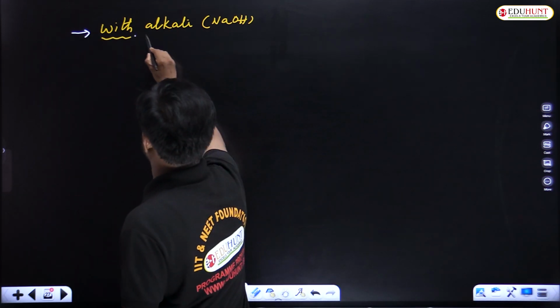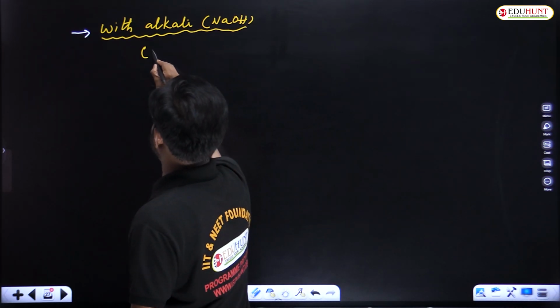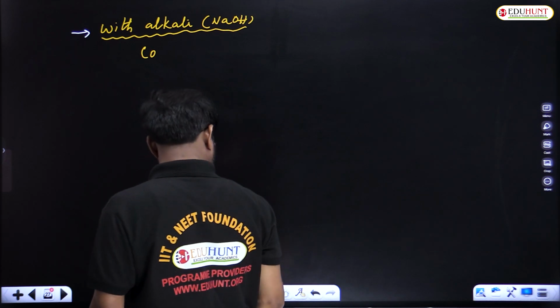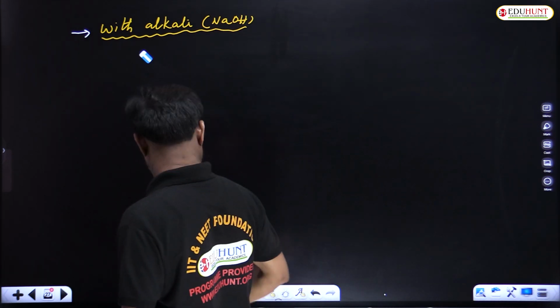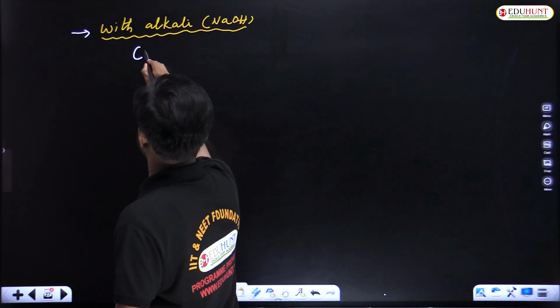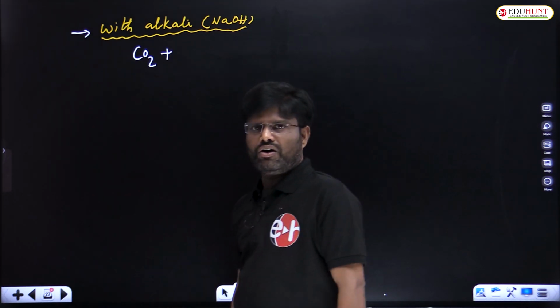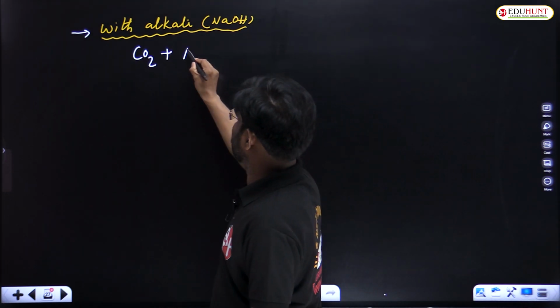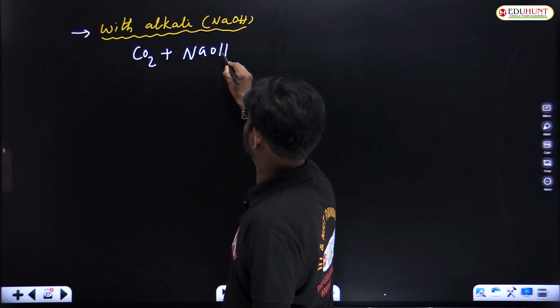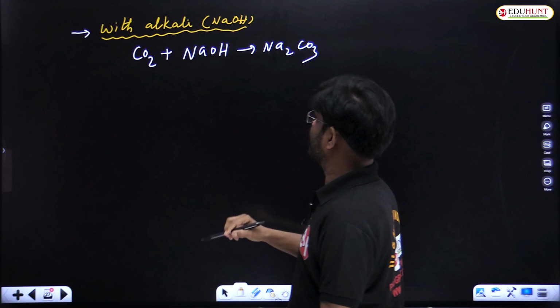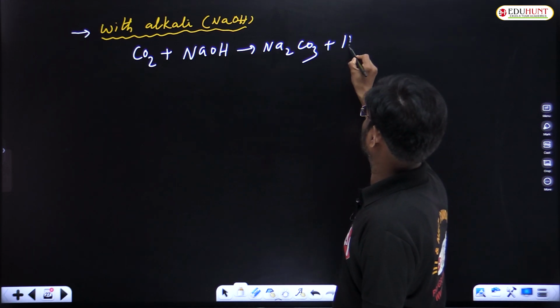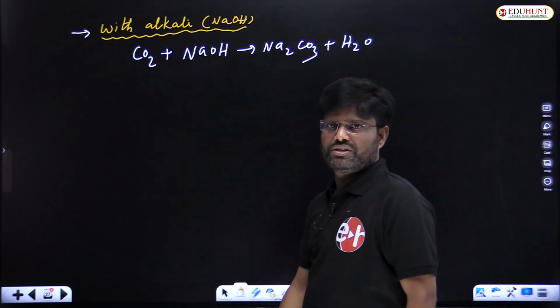See here, carbon dioxide reacts with the alkali, that is sodium hydroxide, and forms sodium carbonate, Na2CO3, plus H2O. This is the first one.